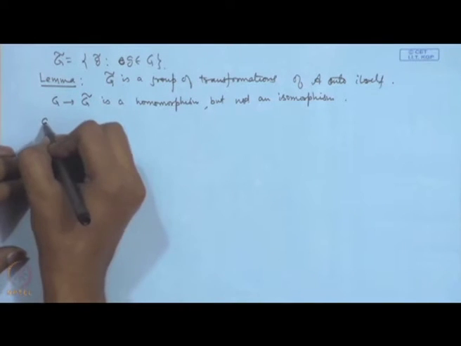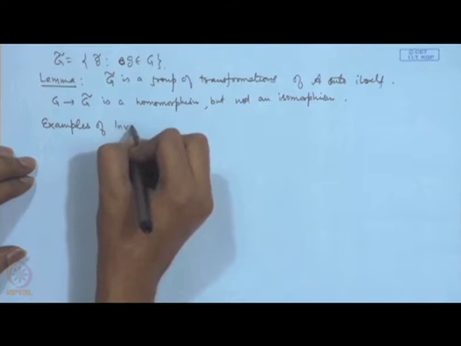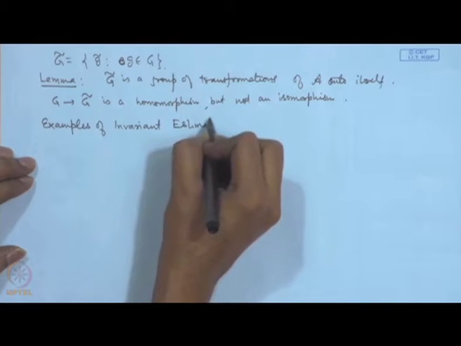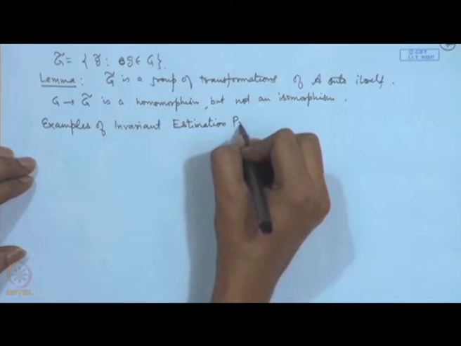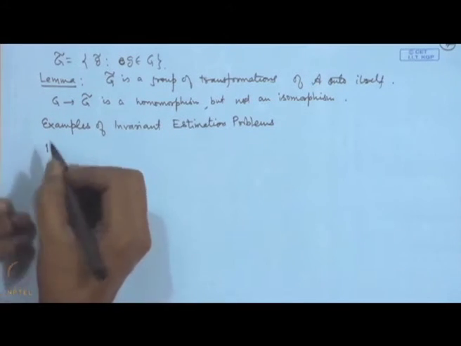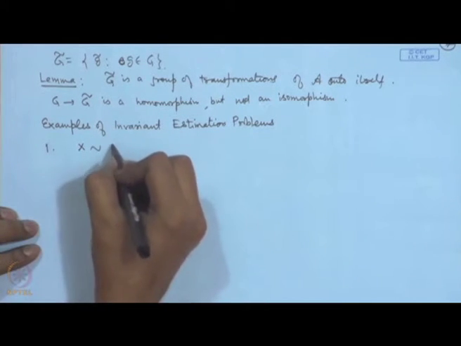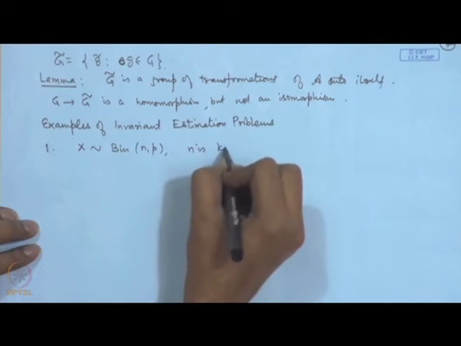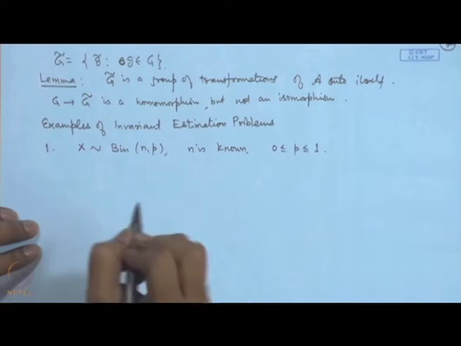Let us consider examples of invariant estimation problems. Let us consider, say, x follows binomial n p, n is known and p is any value between 0 and 1.